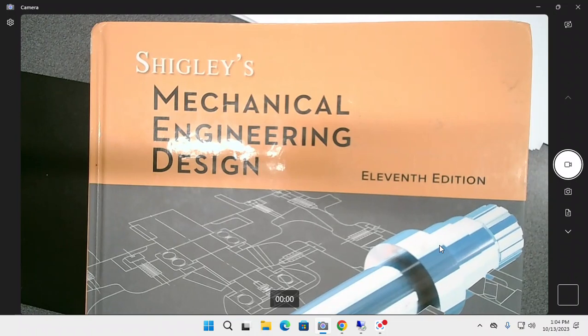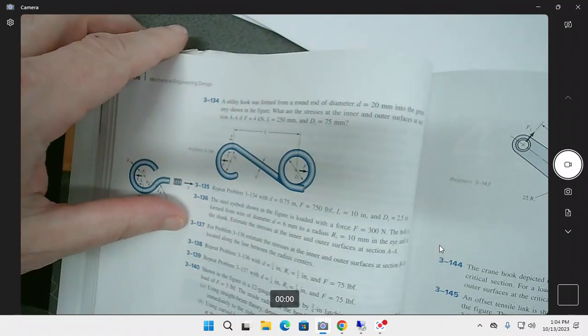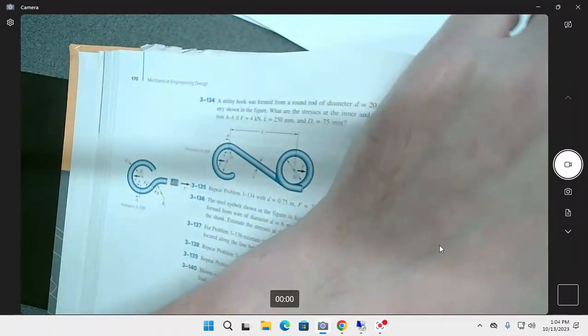Reflection problem. I think there's one in there. Chapter 4. That's chapter 2.